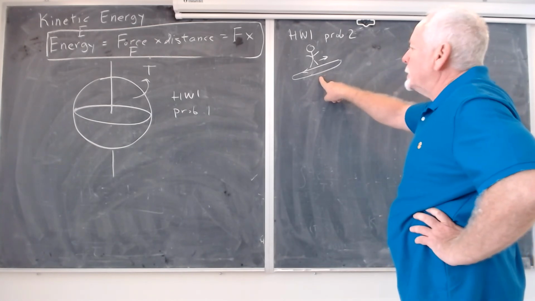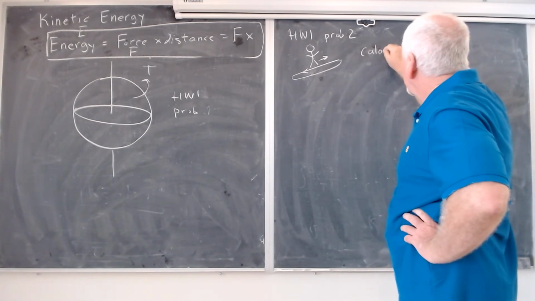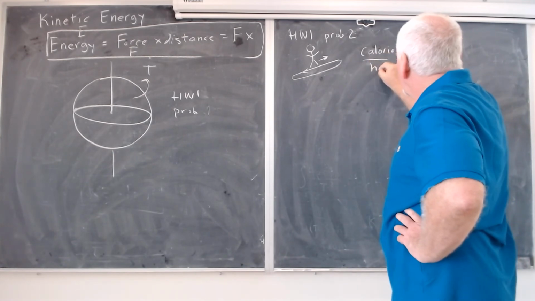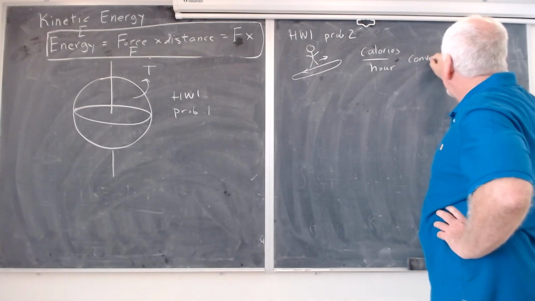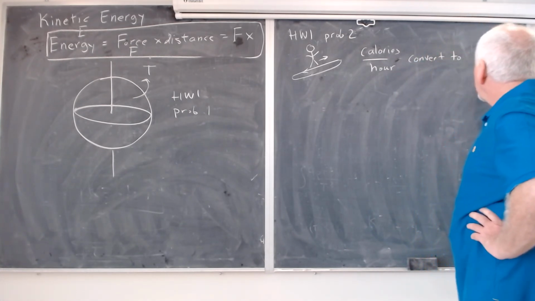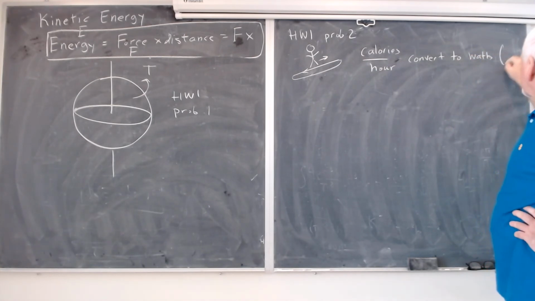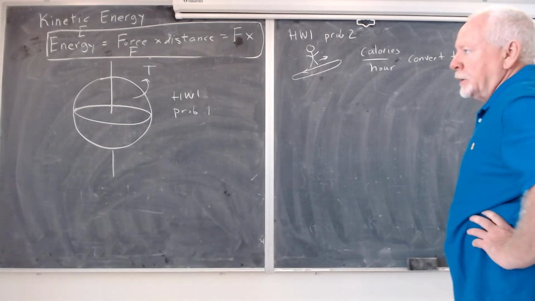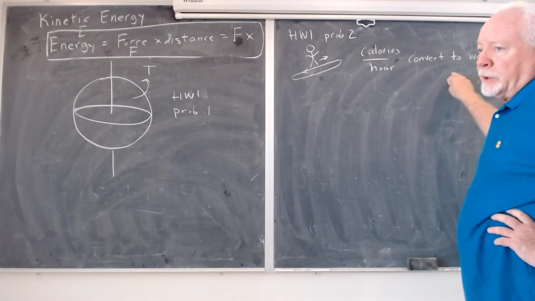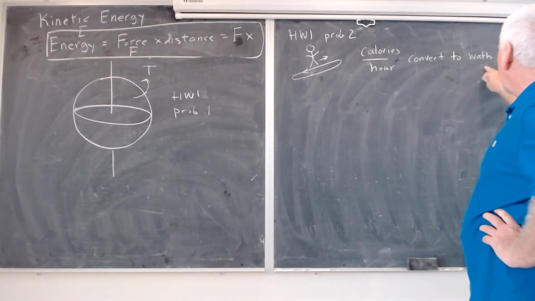Basically, in this situation, you can look up calories per hour, and you need to convert that to watts or joules per second. We'll be going over units again, but for now, read the text on units and understand how to convert calories per hour to watts.